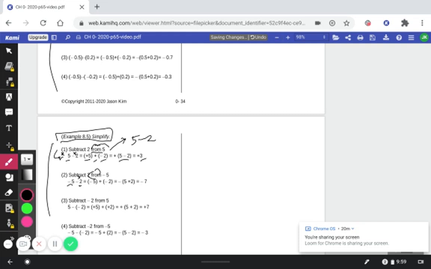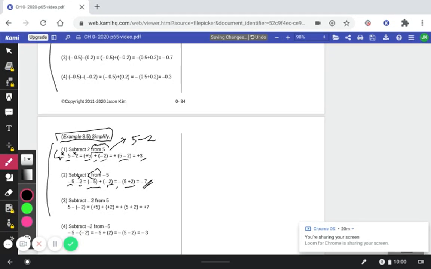So keep the first -5, change minus to plus, and then change +2 to -2. Okay, so now you have addition of same signs, right? Because -5 and -2. So what do you do when you have addition of same sign? Same sign you add and keep the bigger number's sign. So you end up with -7.